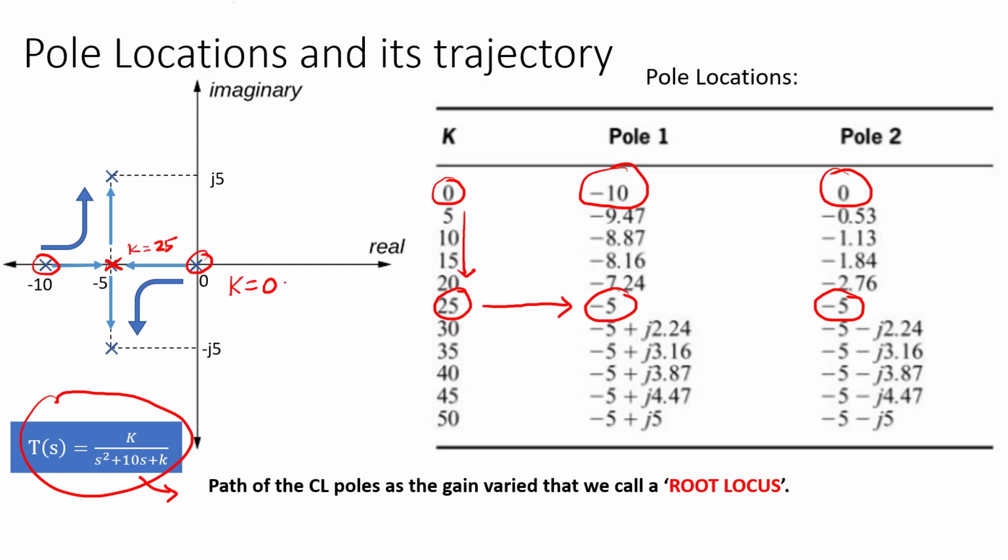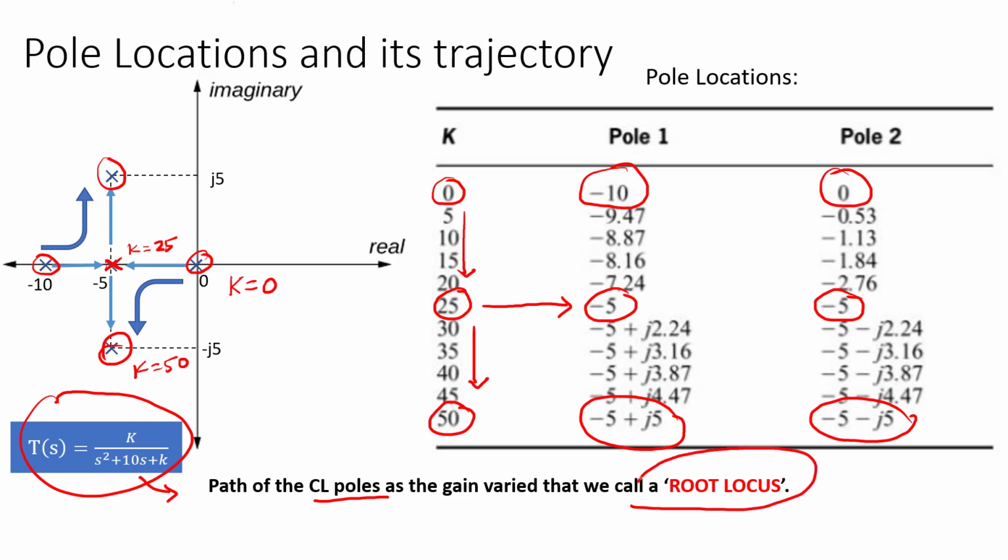Then we increase K again to 50, and the location of the poles will become -5 plus minus j here. This is where K is equal to 50. So we can see that the variation of K will affect the closed loop poles, and this is what we call the root locus.